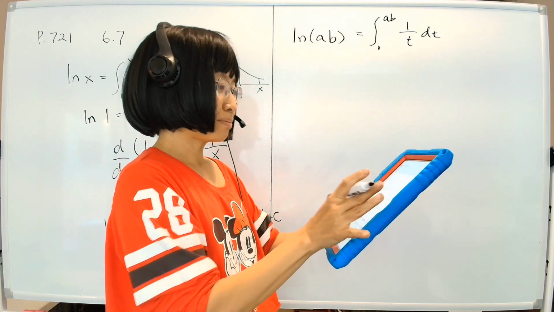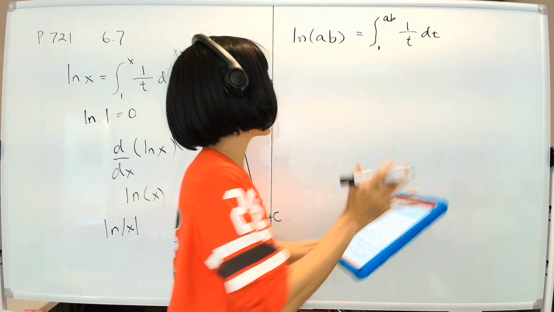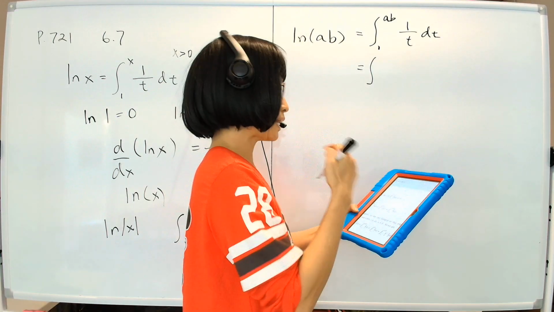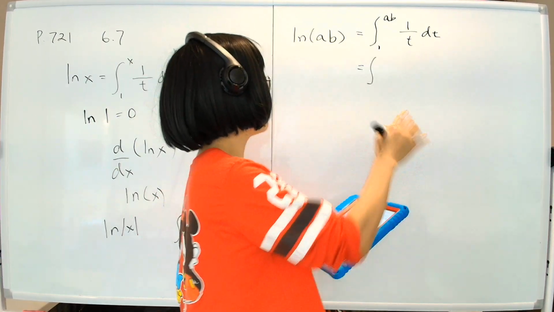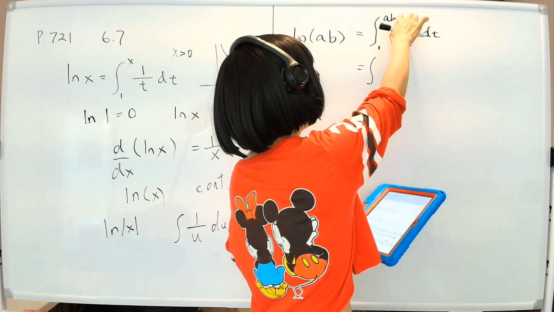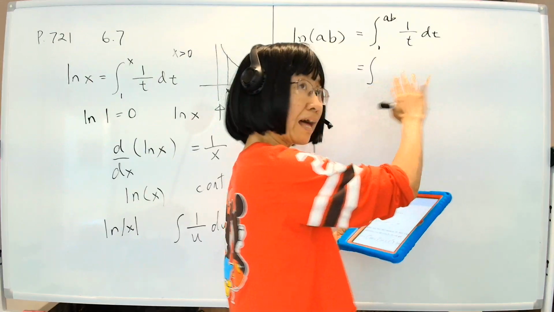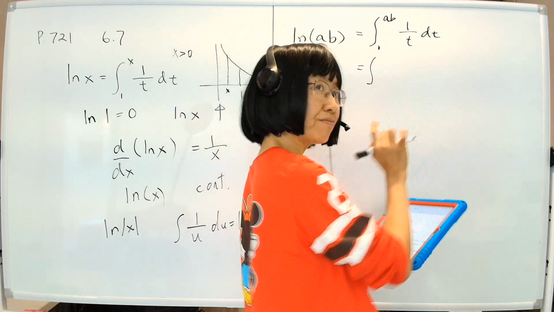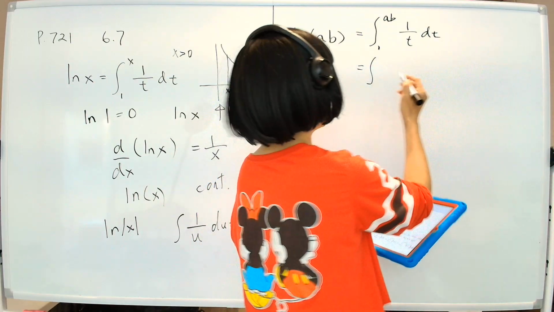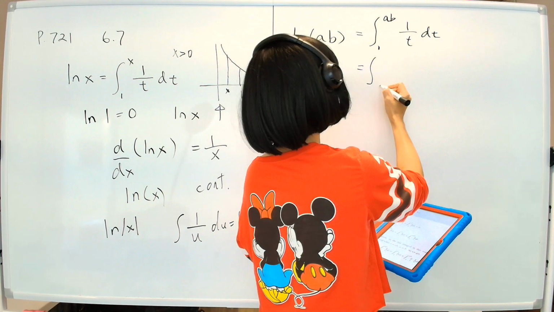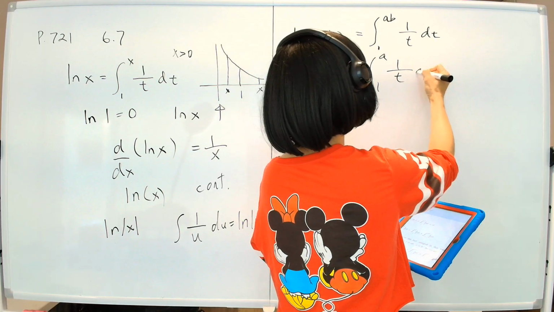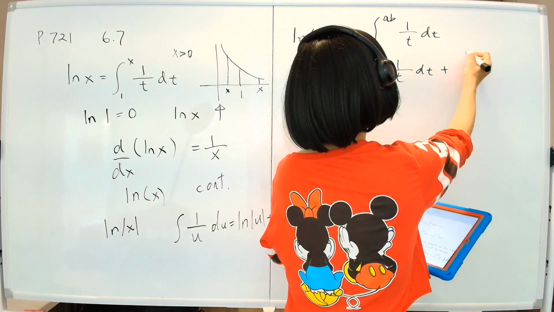So next step, he is going to slap on some integral rules. One of the integral rules says that if you integrate from one point to another point, you can always integrate some way in the middle, maybe not even the middle, to a different point, and then from that point to the end point. So the alien decided to integrate from 1 to a of 1 over t dt, plus the integral from a to ab.